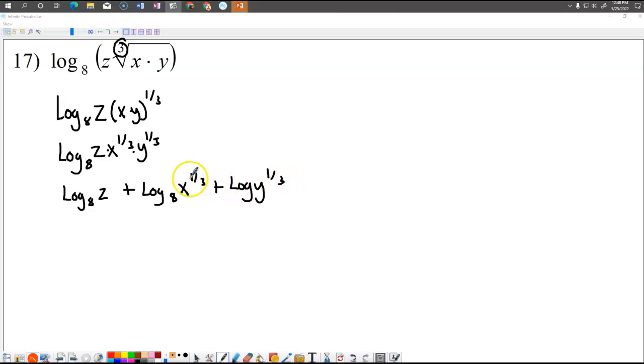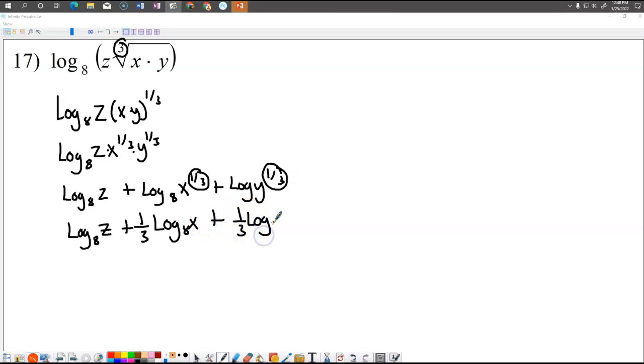Now anything that has an exponent, you could take those exponents and move them to the front as multipliers. And technically that's good enough, but another way that we could write this is we could write it as log base 8 of x over 3.